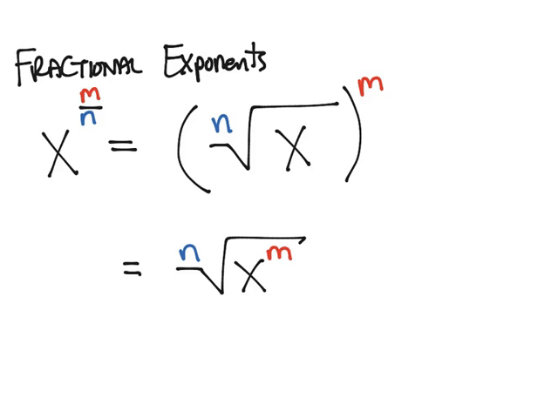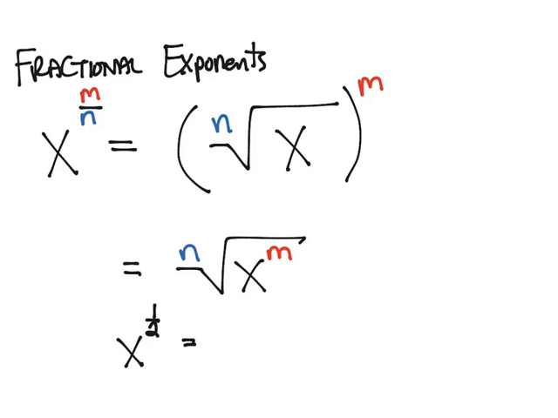Fractional exponents are extremely important later on when we're converting square roots and exponents in between each other. For the most part, we won't use them very often in this class, but I want you to be familiar with what it looks like. The most important thing to think about is simply that x raised to the 1/2 is the same as the first root of x, whoops, I got that one wrong.